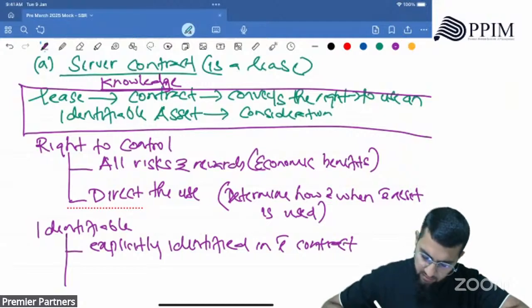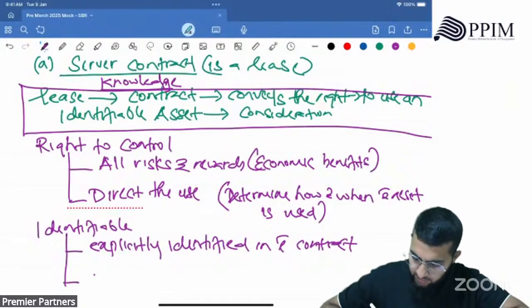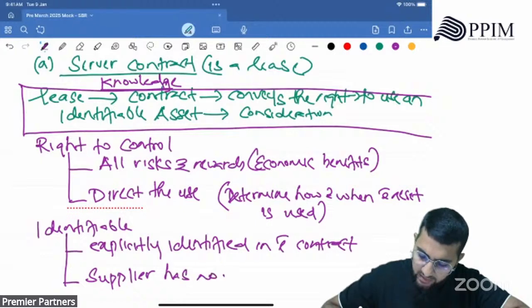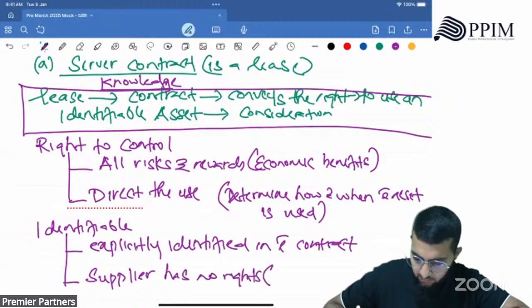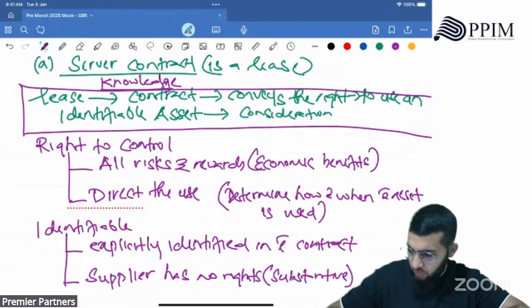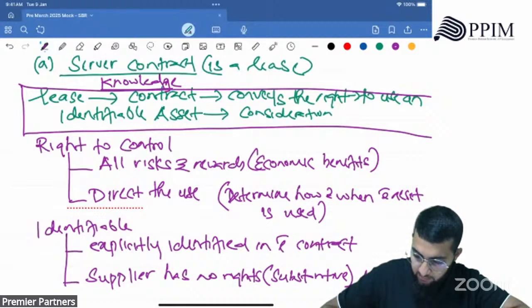And the supplier has no substantive rights to substitute the asset.